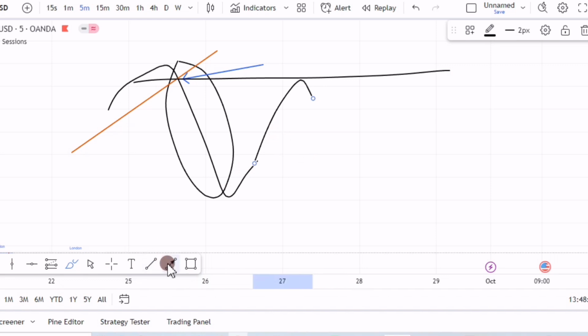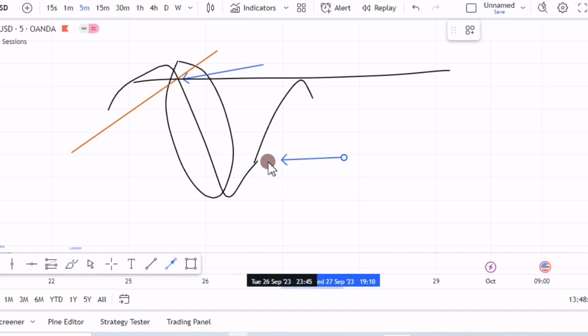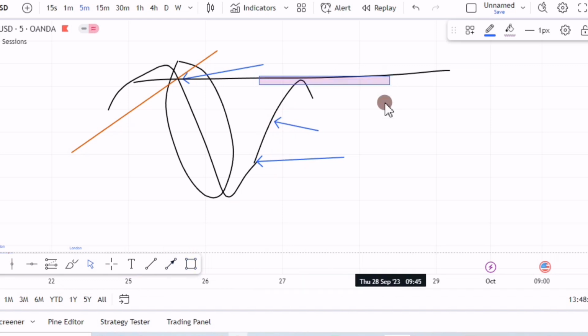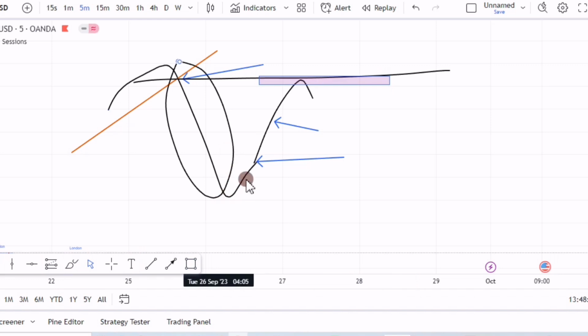So if you are to find an entry anywhere along the trend, if you find a buy entry, you are to hold it as far as this region, because whenever price breaks out, it goes back to where the trend started from.